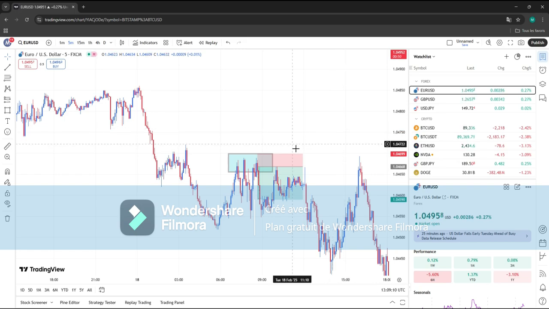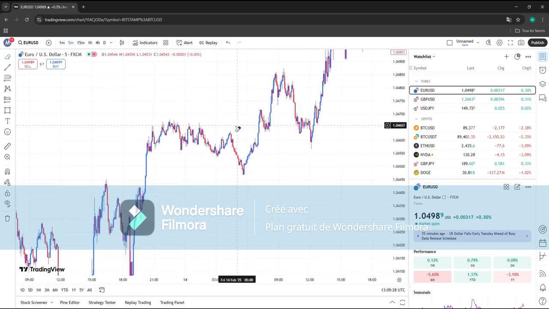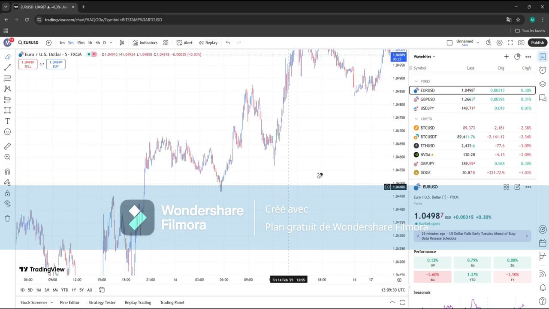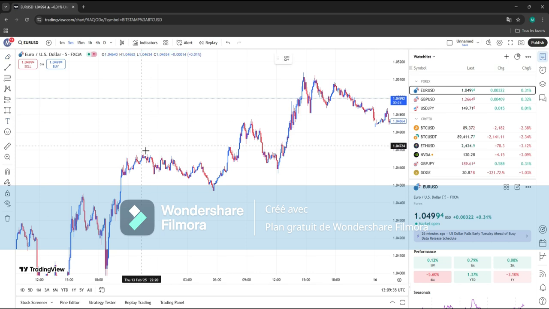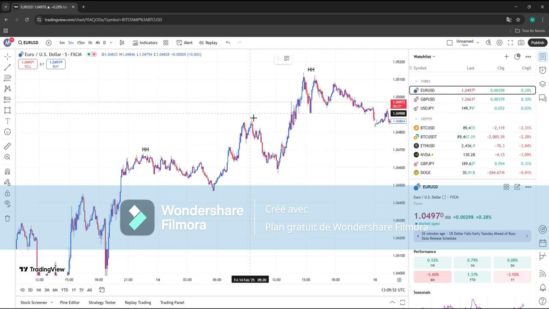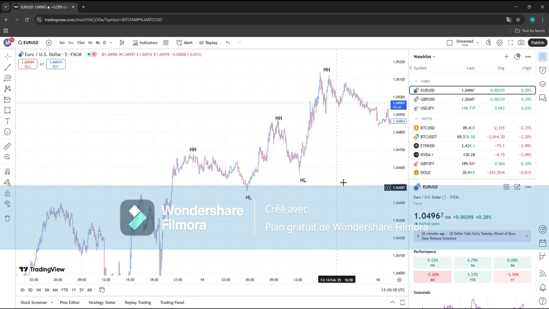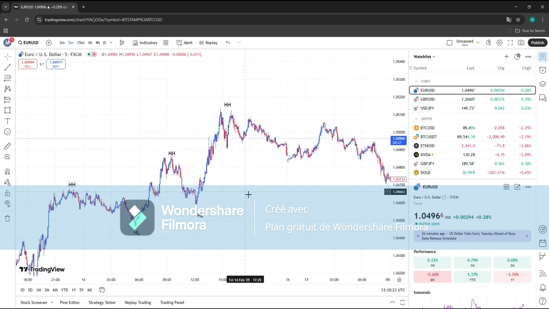This is in a bearish trend. Let's look at the bullish trend. When we look right here in a bullish trend, we have the RI right here. Very good example.